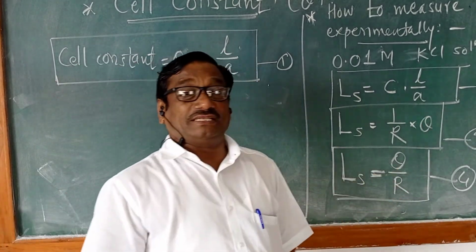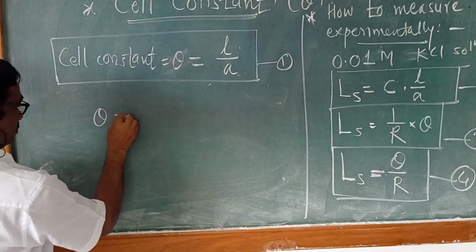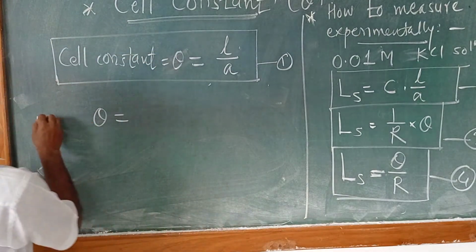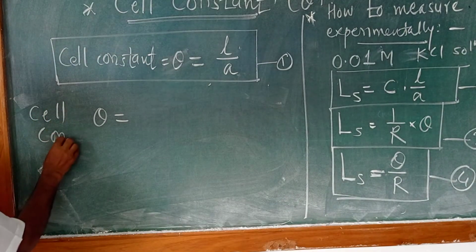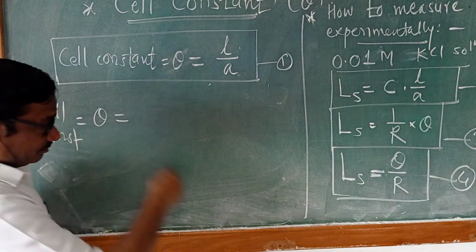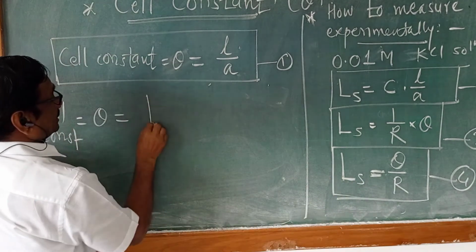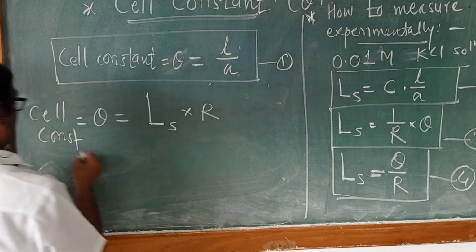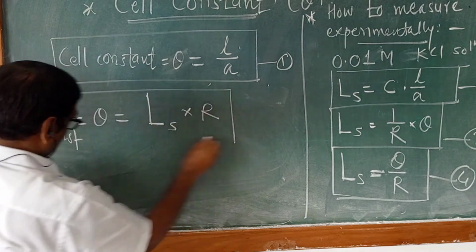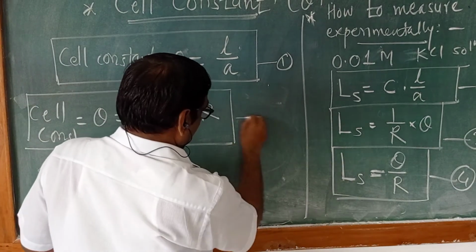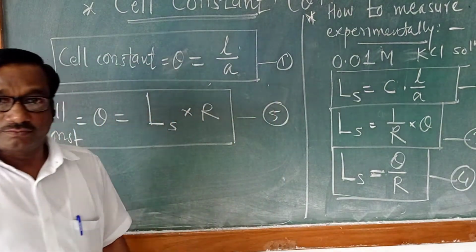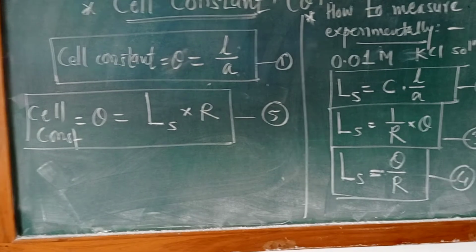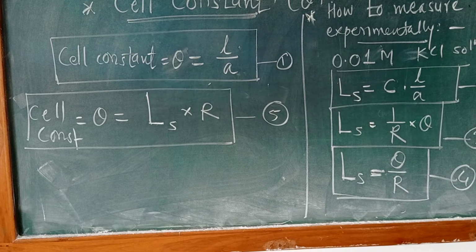Therefore, what is meant by theta? Theta is equal to, this R will multiply to the Ls. So theta means cell constant. Cell constant theta is equal to Ls into R. This is nothing but equation number 5.